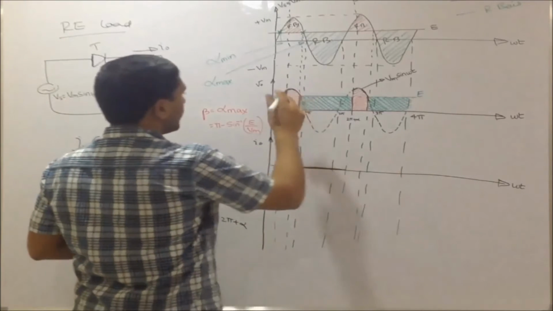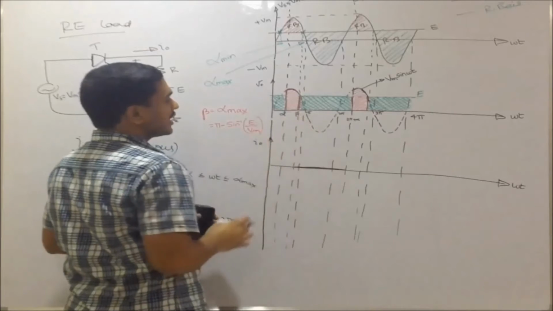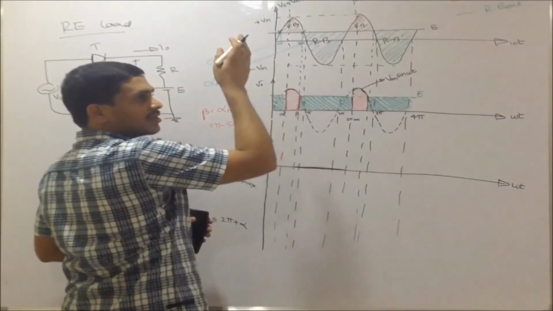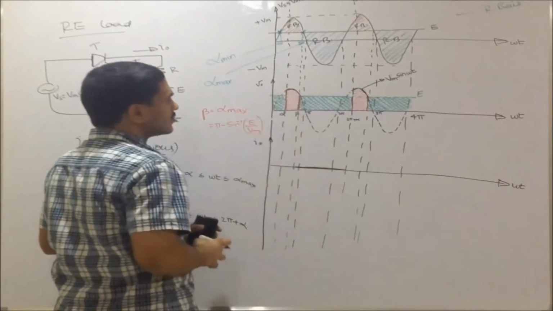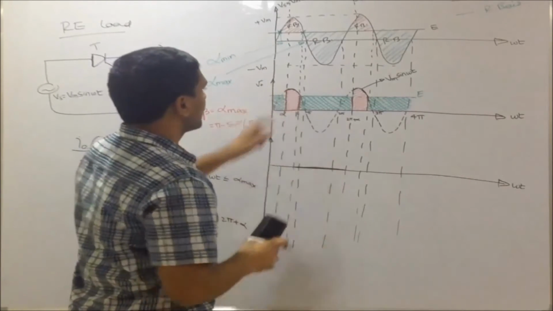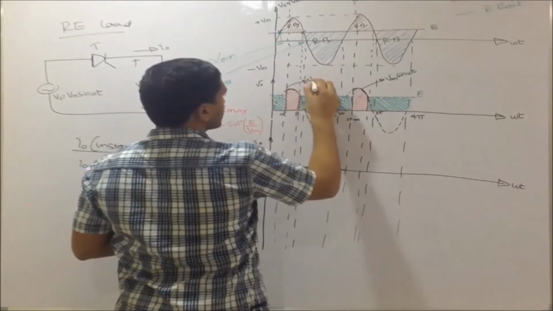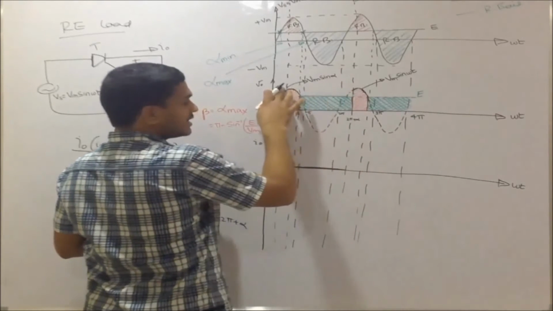The moment when I see this one, alpha to beta interval, at alpha my V0 is suddenly jumping from E to some value, Vm into sin alpha. Here its value is what? Vm into sin alpha. So my current at this instant is what?